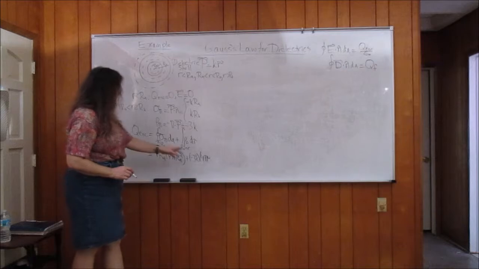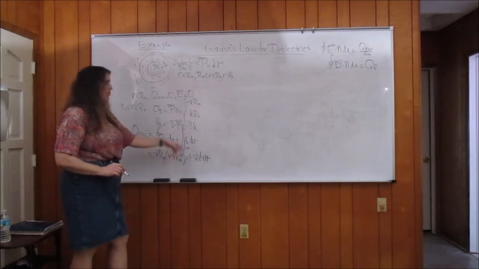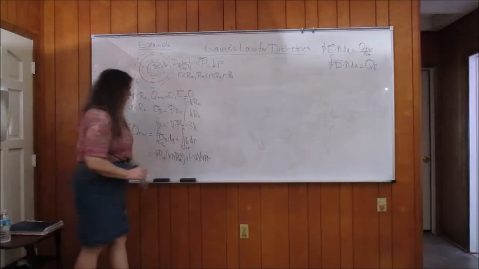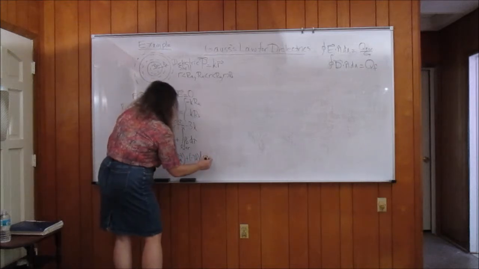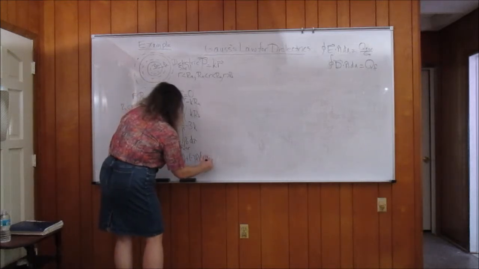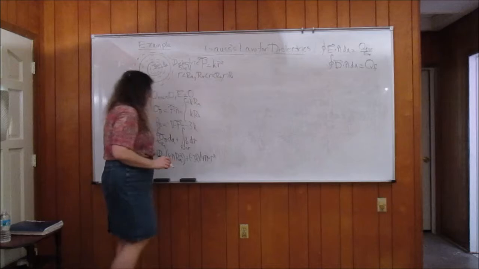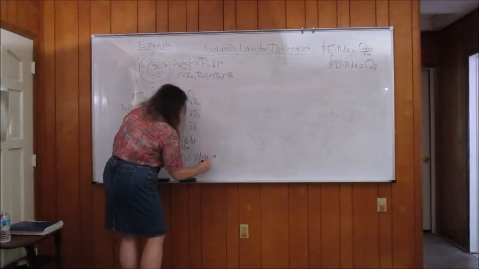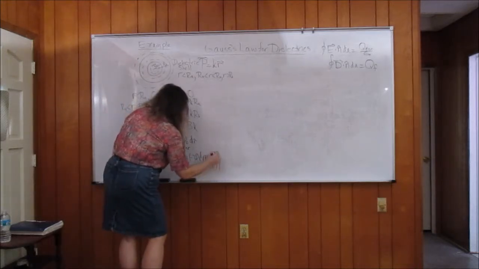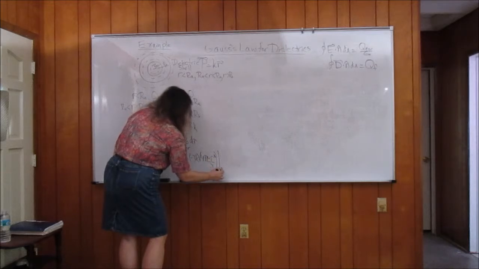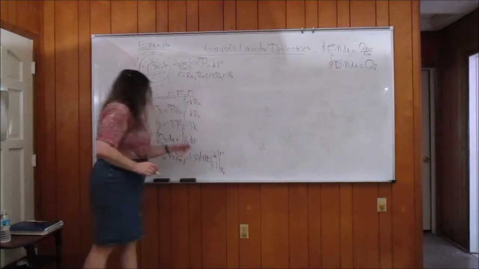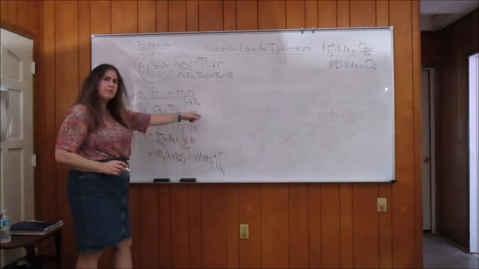And last but not least, we integrate r squared over the radius. That's going to give us r cubed over 3, and we're evaluating this from R_A up to r.